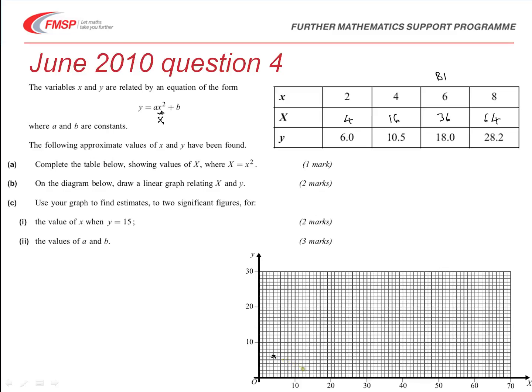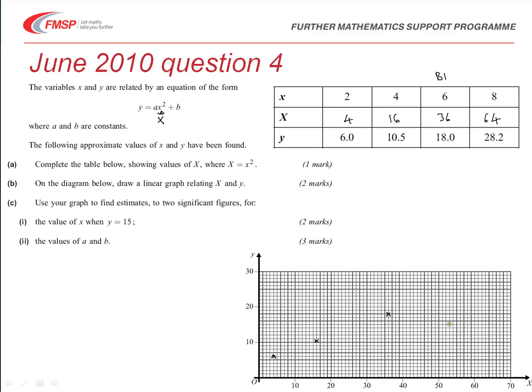Next one is 16, so 16 is there, and 10.5 will be there. And then we've got 36, so that's 36, 18, which takes us up to there.